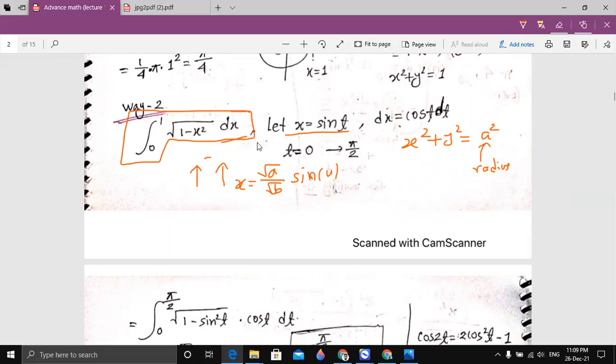We don't have any formula for this, because we have x square and a root function here. So we need to use the substitution rule, and in this case it's easier to use the trig substitution rule.